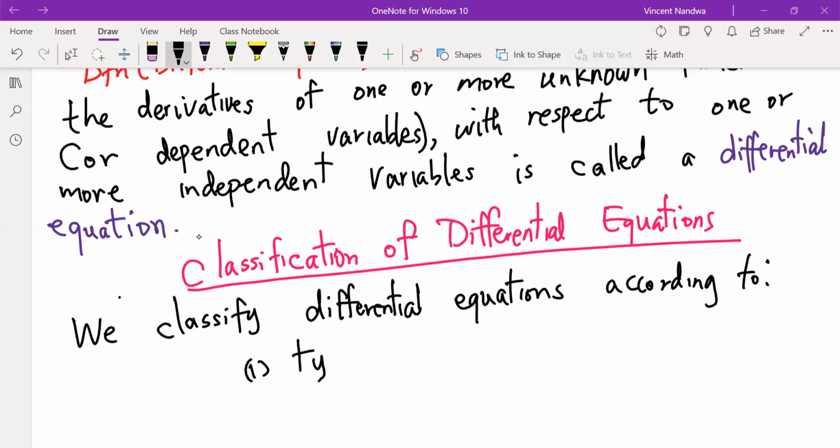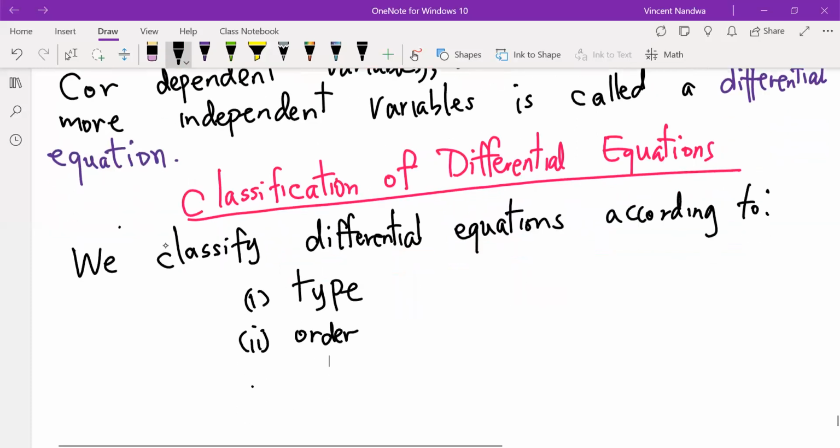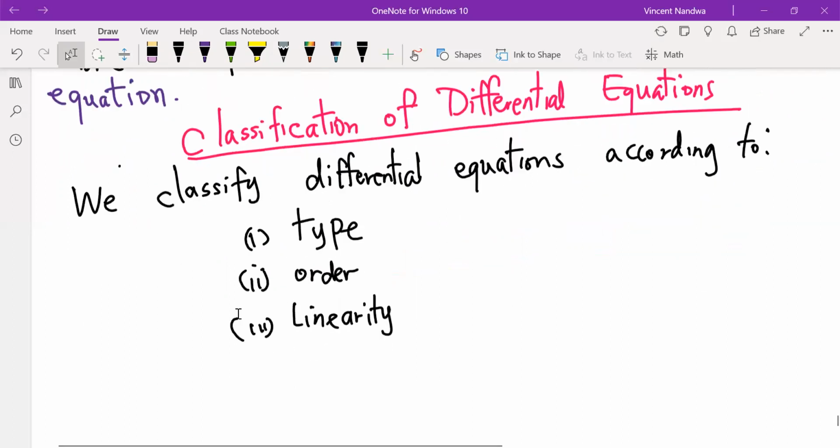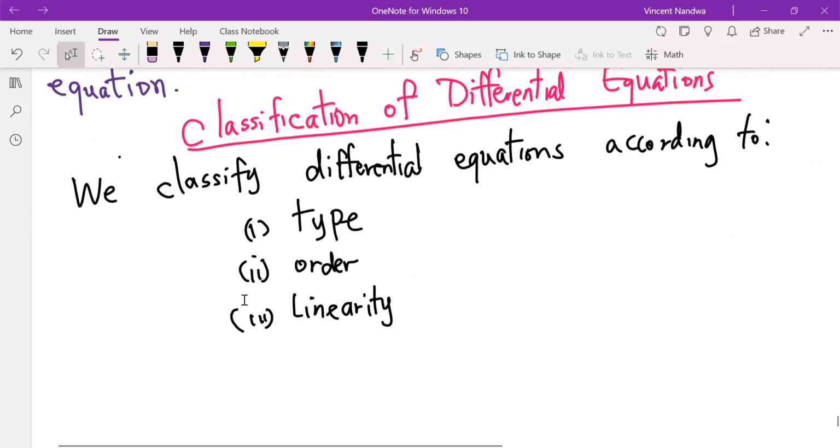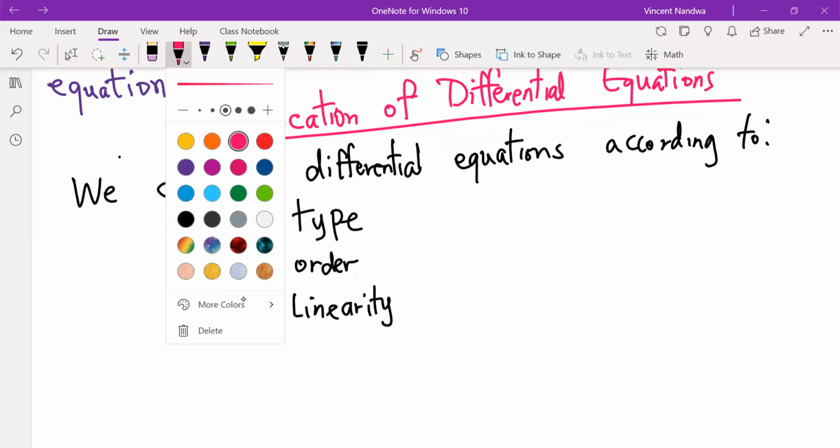So number 1, type, and then number 2, order, and then number 3, linearity. So let's start with the first class of classification, which is classification by type.